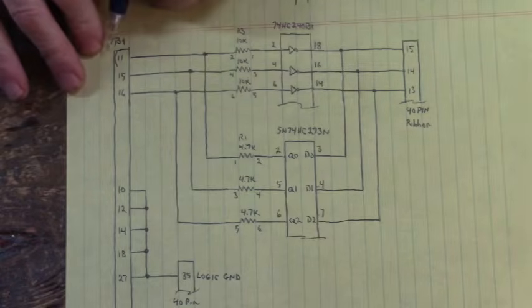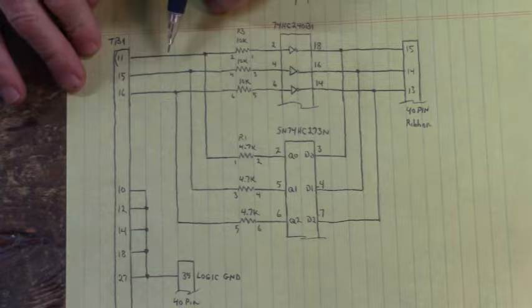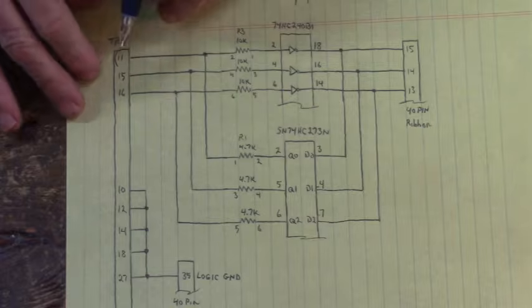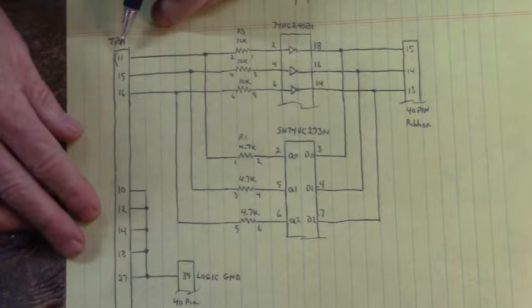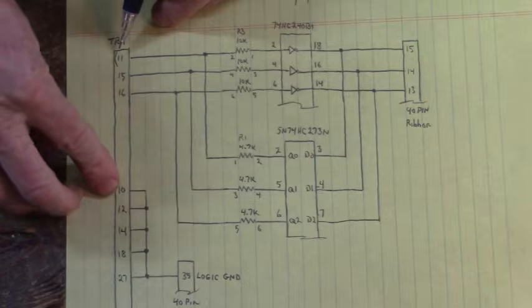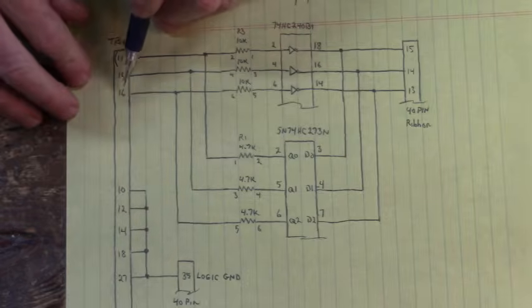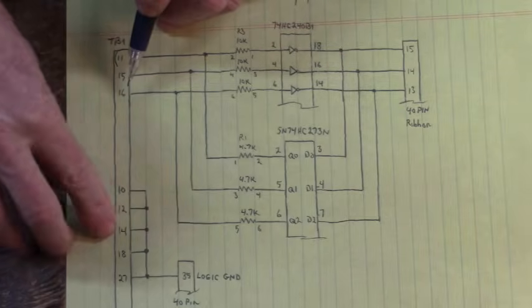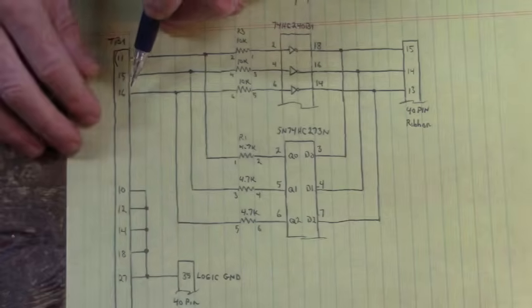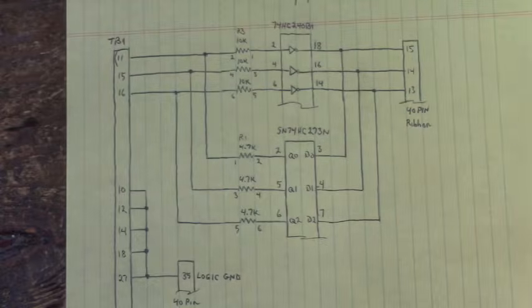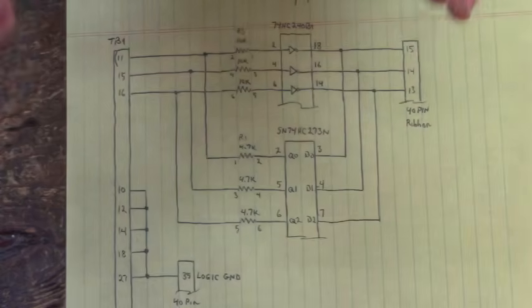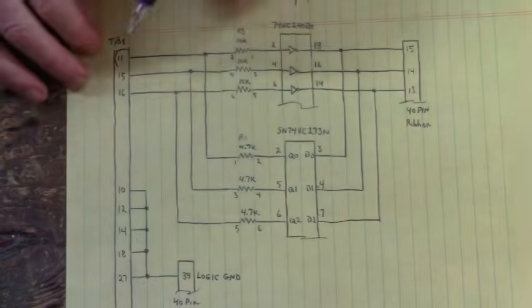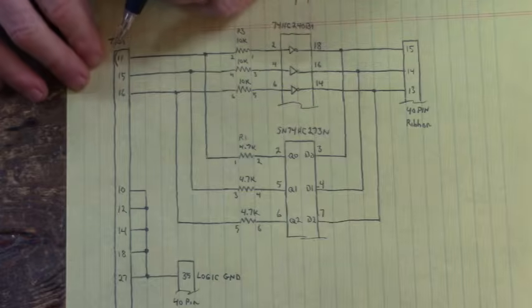Either I apply a high here or pull this input to ground. So 11 would be connected to 10 and 15 and 16 would be connected to 14. That's all logic ground back there to the control board. How is it that they can set this up so that it's either a high end or a low end?